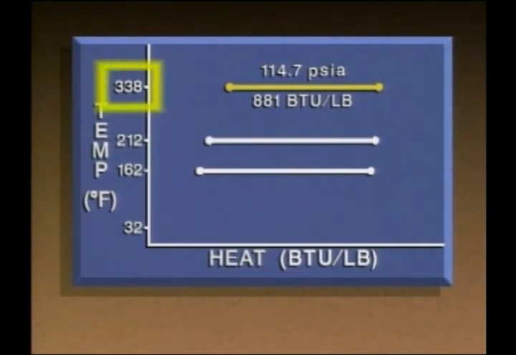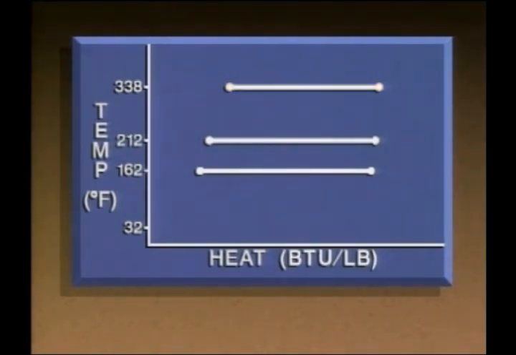At higher temperatures, the water molecules move more quickly than they do at lower temperatures, so it's easier for the molecules to boil and escape the water as steam. In other words, it takes less heat to change the water completely to steam. As the pressure and boiling temperature of water increase, the latent heat of vaporization decreases.